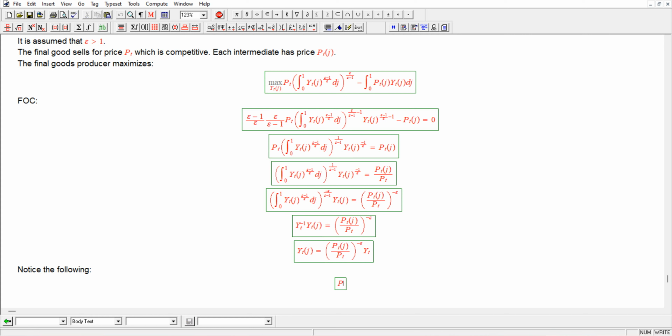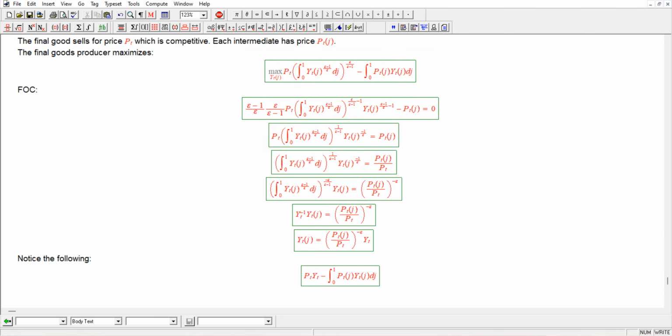Total production is P sub t Y sub t in nominal terms, and total costs are this.